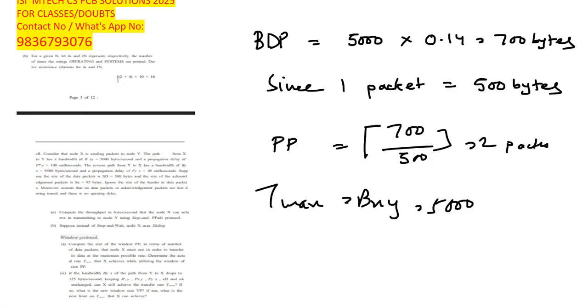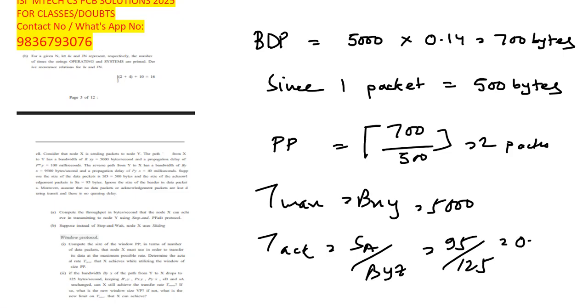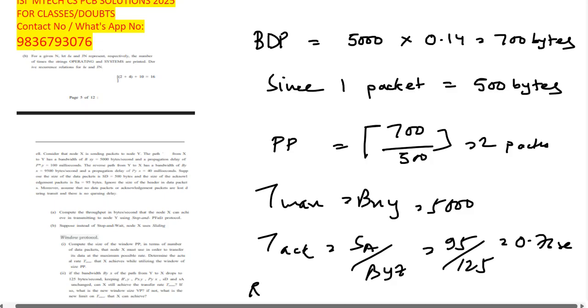So again, ACK transmission time and then new BDP. So TACK will be S of A by B of YZ. So that's 95 by 125. So 0.76 seconds. Okay. So now what is RTT? PXY plus PYZ.